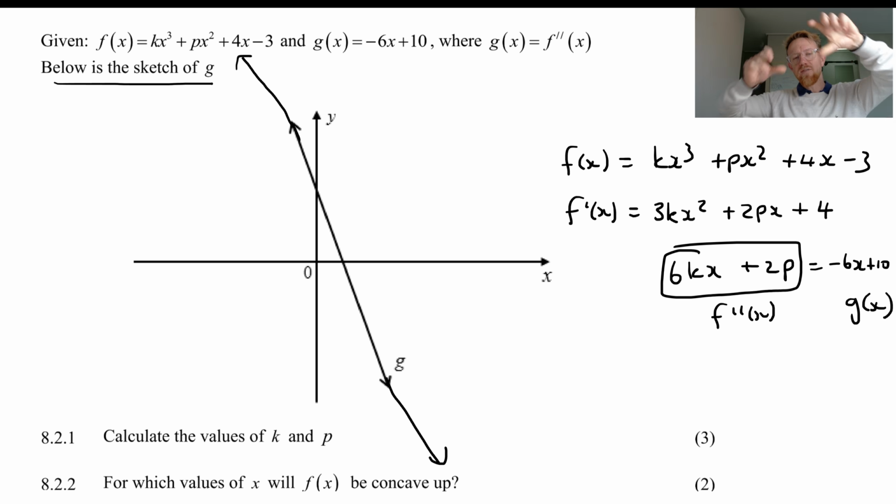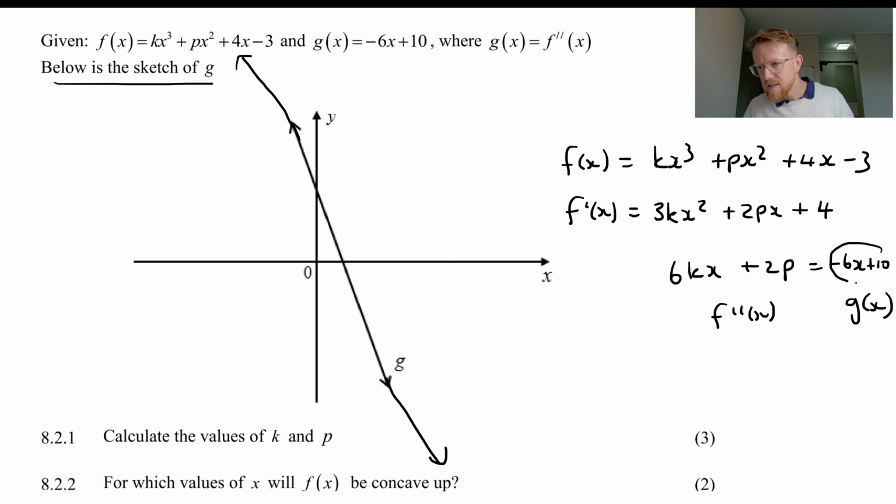But we already know that the g graph and the second derivative graph are the same thing, so they'll have the same x values. So you can plug in any x value that you can see over here, which is any x value.